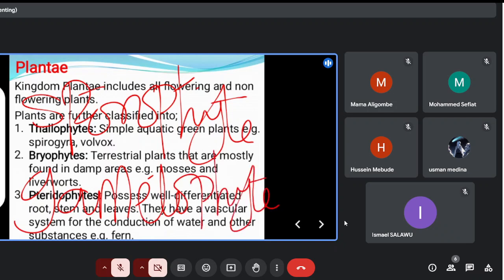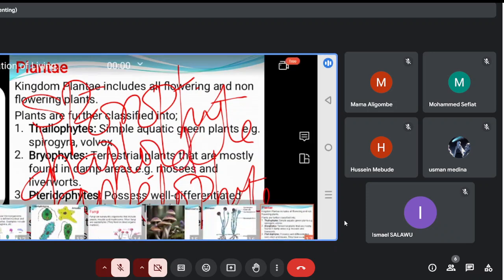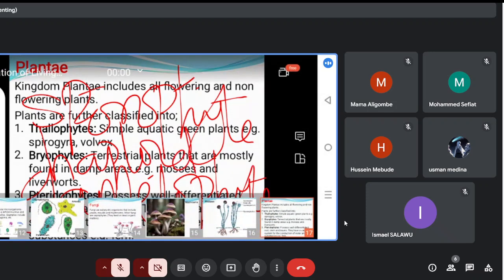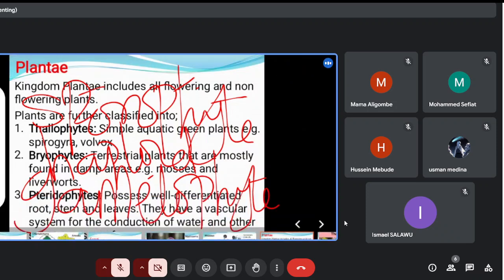So if the sporophyte is known to be the diploid stage, the gametophyte is known to be the haploid stage. If you have done meiosis and mitosis, which I mentioned earlier: the sporophyte stage has the complete set of chromosomes in their cells.